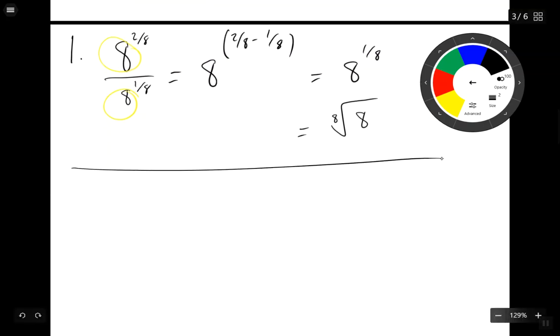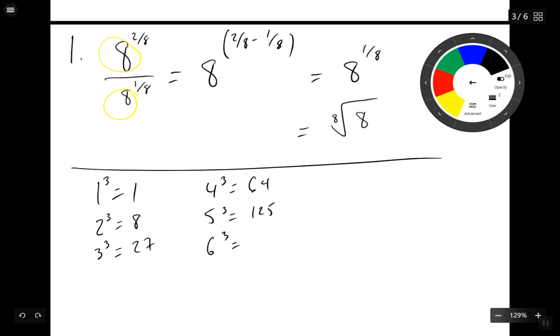For cubes, you need to know 1 cubed is what? 2 cubed is what? 3 cubed is what? 4 cubed is what? 5 cubed is what? 6 cubed is what? 216, thank you. And 7 cubed, if you just happen to need, was 343.